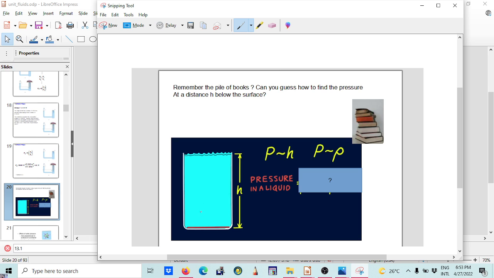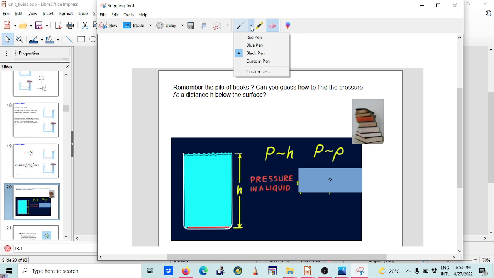So likewise, if you take 1 meter by 1 meter, as you go deeper and deeper, imagine you are cutting out a column. Okay, let's do that better.